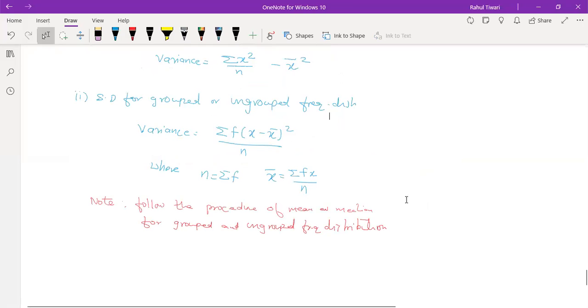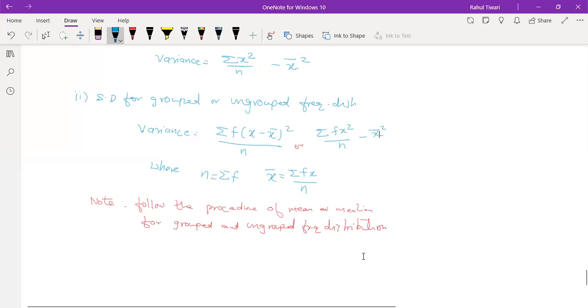And similarly, this is one formula, or we have another one, which is summation fx square upon n minus x bar square. So you can follow either this or this.